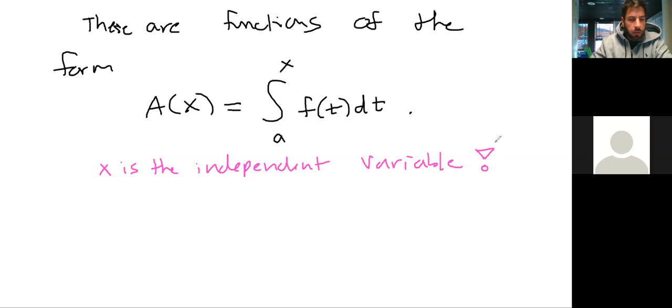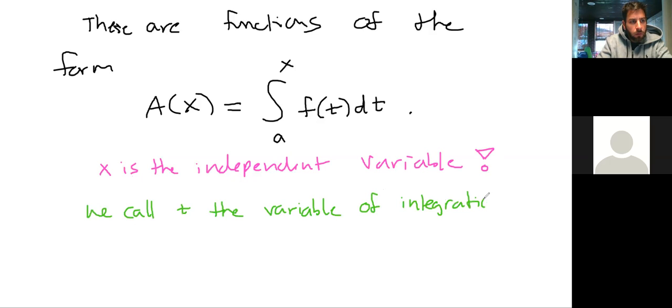So what do we call t? This is going to be new to some of you, although it's not typically new because you've done it before. So we call t the variable of integration. We tried to point this out before, and we'll continue to try to remind you of this.